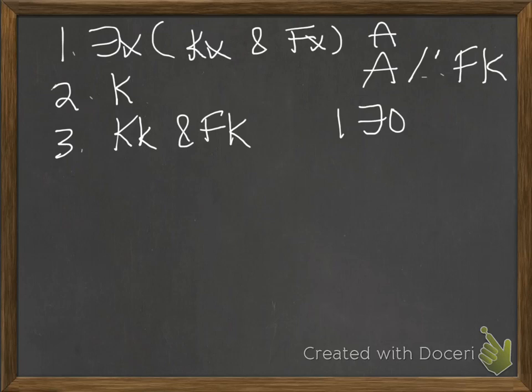So it keeps us from being able to say Kk, and that keeps us from being able to assume that Karen is in fact one of those flying kangaroos. Because if we could do that, then we could very easily get to our conclusion. But we can't do this.